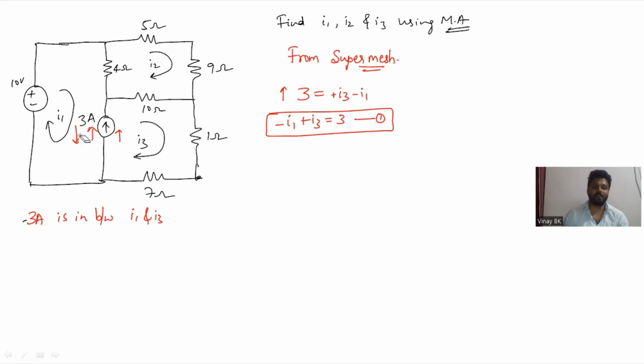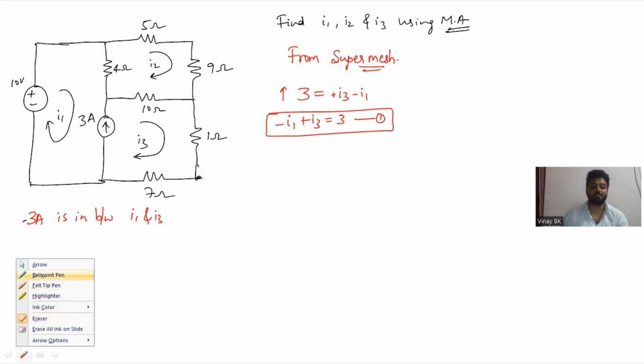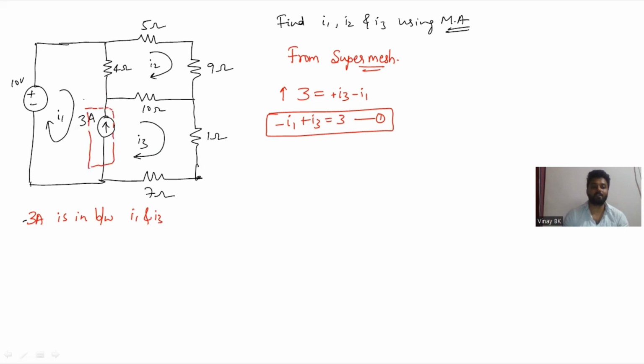Now apply KVL to the super mesh loop by neglecting the super mesh current. Here the super mesh current is 3 amperes, so by neglecting these 3 amperes, apply KVL to this loop. Before that, mark the polarities.